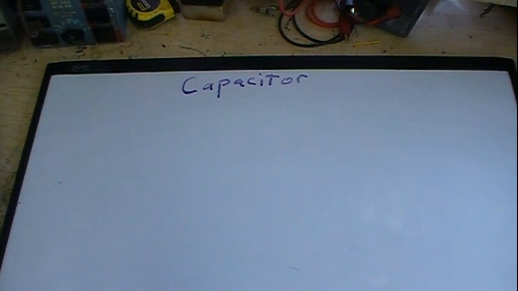All right. One last little thing on dielectric is what is known as the breakdown voltage, or strength. Each type of dielectric has a certain amount that it can handle. Once you go above that voltage, it's going to break down.